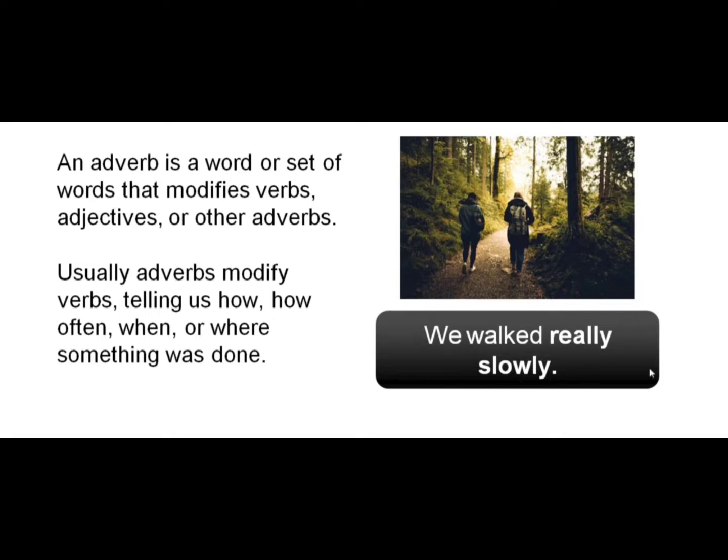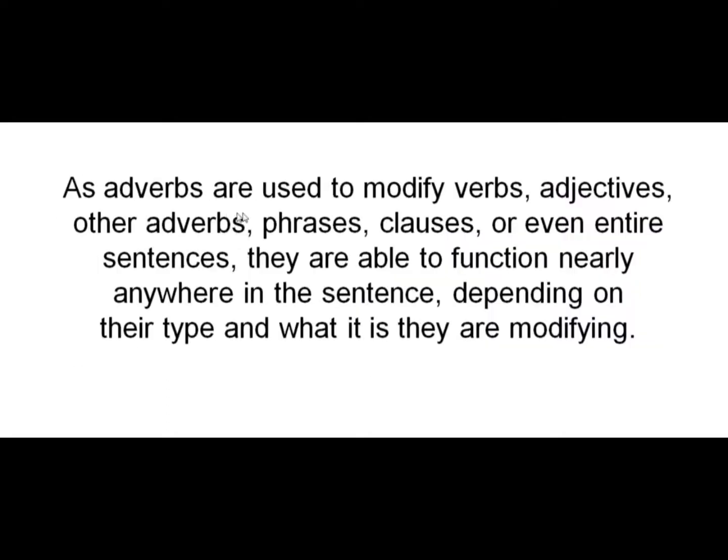Now there are two adverbs in the sentence, really and slowly. The adverb slowly modifies the verb walked, telling us how we walked. And the adverb really modifies the other adverb slowly, and it tells us how slowly we walked.